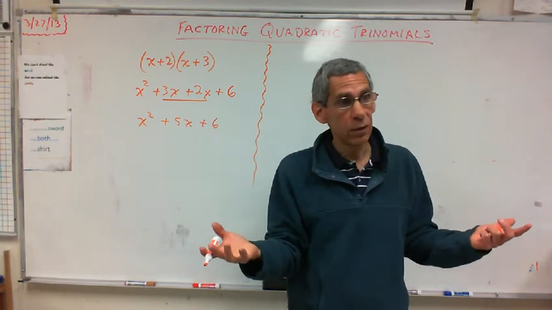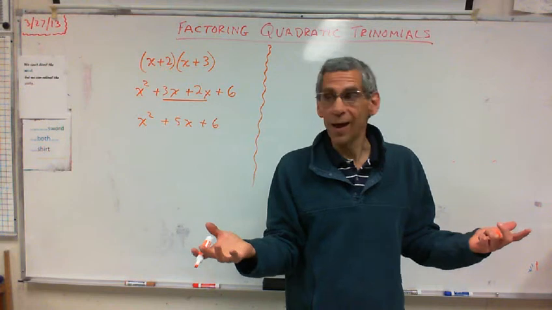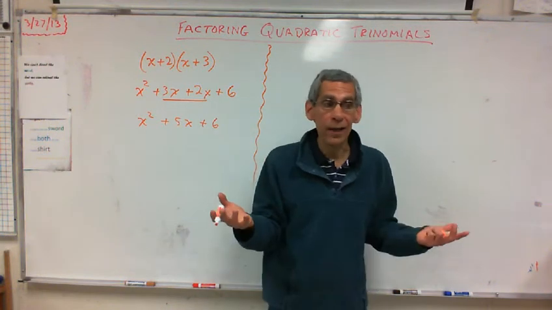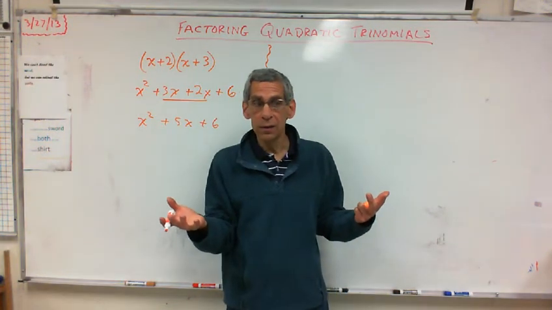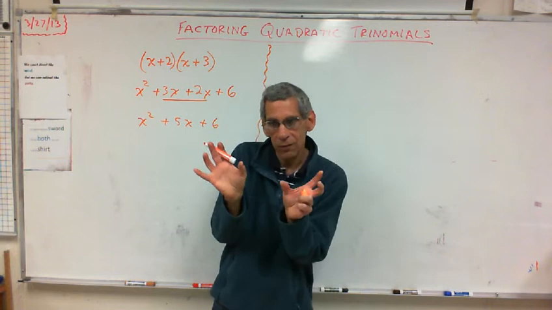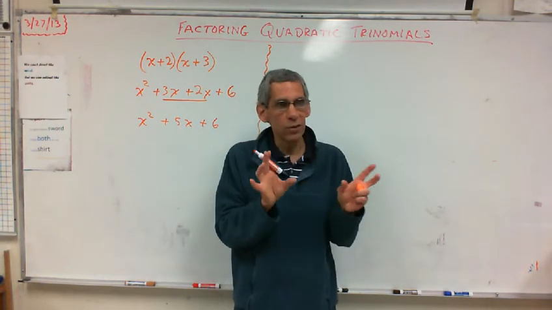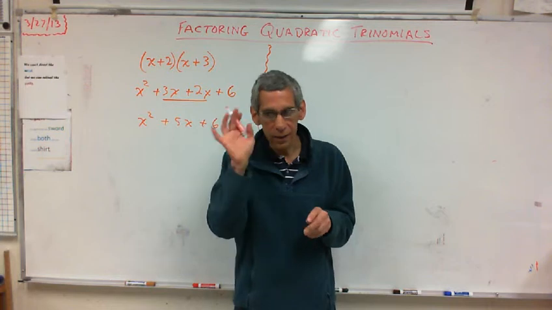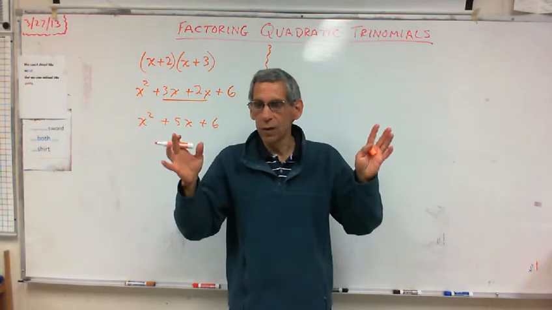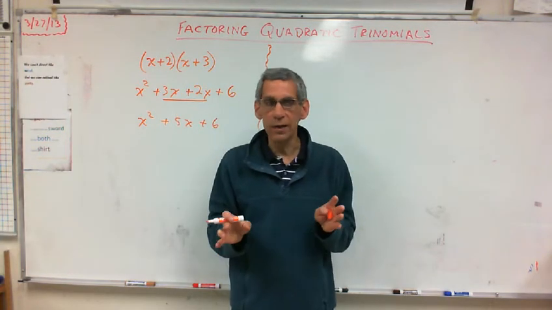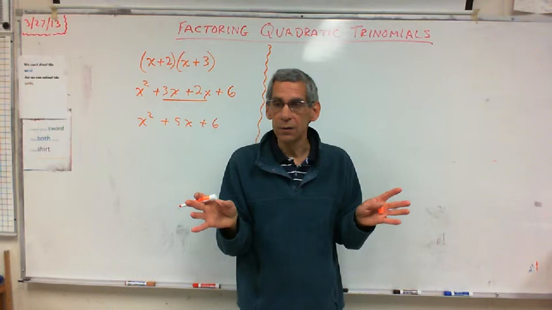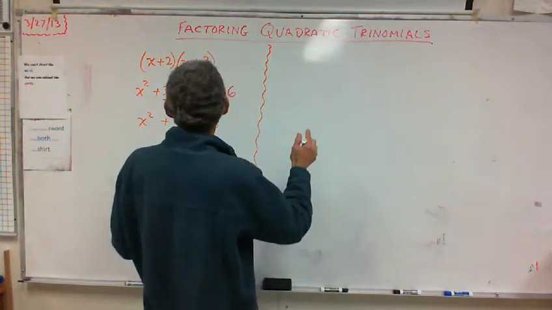Is that a factor of 4? Yes, actually it is. What about negative 1 and negative 4? Are those factors of 4? Yes, because negative 1 times negative 4 is positive 4. So you have more options than you usually think of, because in real life we don't tend to think of negative numbers, but negative numbers are also an option. Okay, so got to keep that in mind.